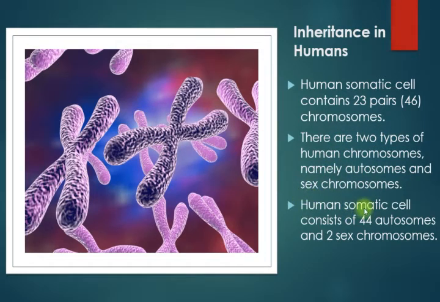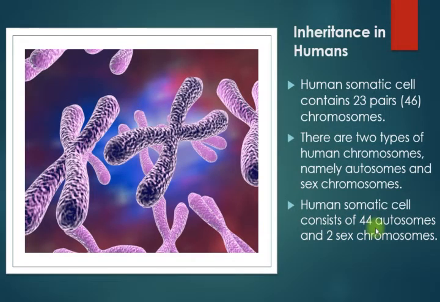A human somatic cell consists of 44 autosomes and 2 sex chromosomes. So the number of autosomes is 44 and the number of sex chromosomes is 2. 44 plus 2, so we have 46 chromosomes in the nucleus of the somatic cell.